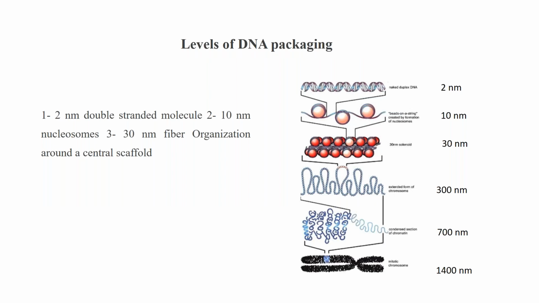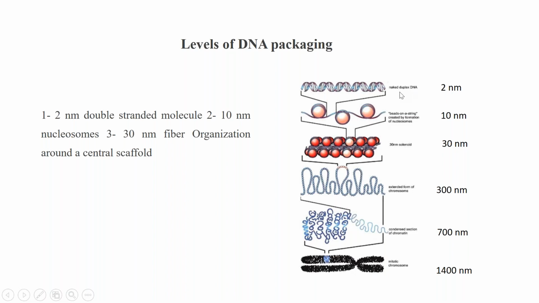So the levels of packaging which we have already discussed are primary, secondary, tertiary and quaternary structure. Now I will explain in detail with the figures. First is the sequence of the DNA. Then that sequence takes a fold, then takes supercoils, and then they start taking folds and form loops and domains, and finally become compacted into a chromosome.